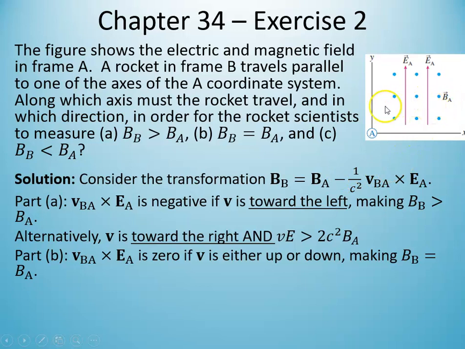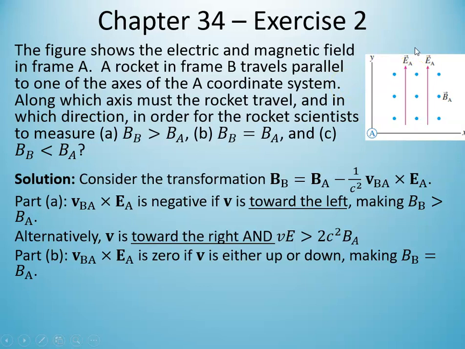I did not feel like doing that calculation, but I will tell you that yes, there are other ways of moving in directions that have both x and y components. Except, look at the problem, it says it travels parallel to one of the axes. So even though that is true, it's not valid for the way the problem was stated.